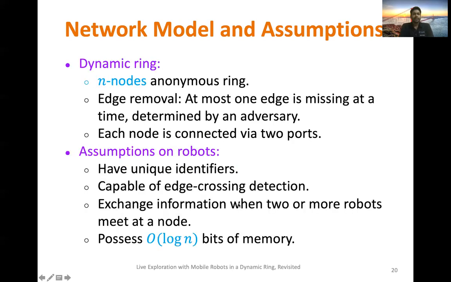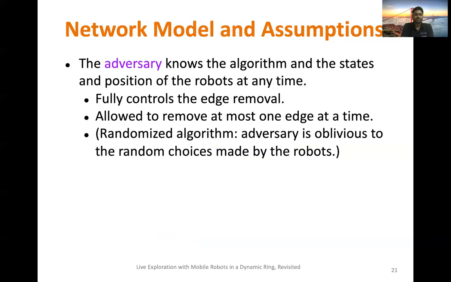On the robots, we assume that they have unique IDs and are capable of edge crossing detection: when crossing an edge from two opposite directions at the same time, they can detect each other. Robots also exchange information when 2 or more robots meet at a node or cross an edge, and each possesses O(log n) bits of memory.